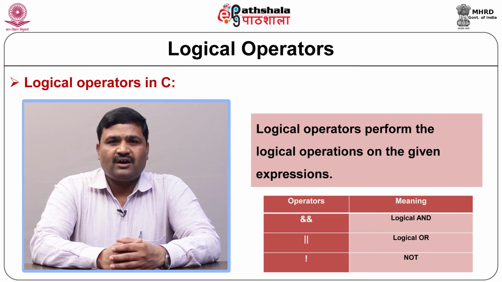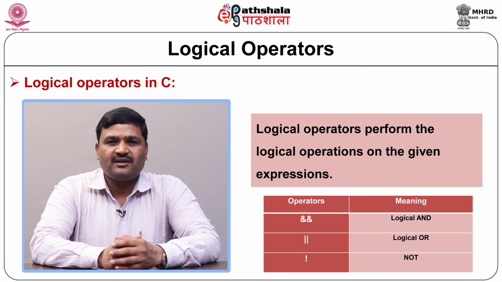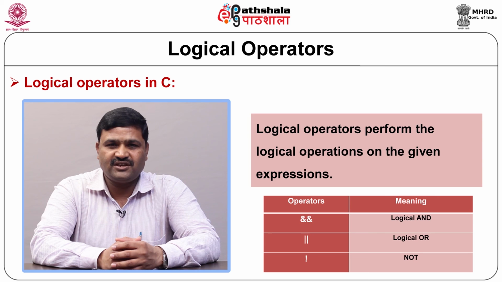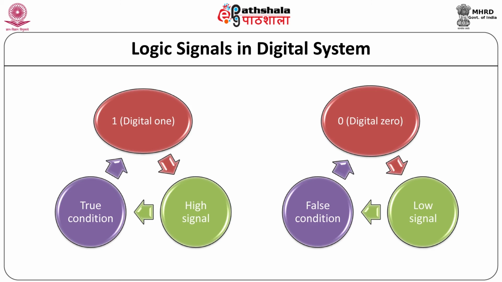So, you know how do we use logical AND gate, logical OR gate or logical NOT gate. This logical operator behaves completely like logical AND gate, logical OR gate or logical NOT gate. In this, logic 1 is considered as true state or high state, whereas logic 0 means low state or false state.